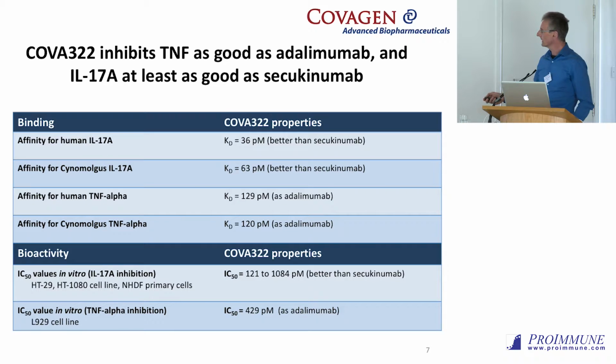The same is true in cellular bioactivity assays: we are slightly more potent as compared to secukinumab, but have the same potency as compared to adalimumab. So this just shows you that if you look at each of its binding arms separately, the molecule can bind and is bioactive.